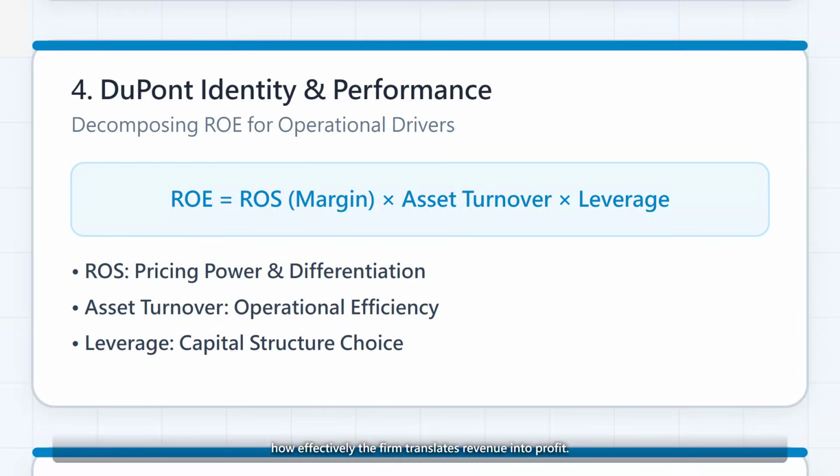Asset turnover measures capital efficiency, how productively the firm utilizes its asset base to generate sales. Financial leverage reflects capital structure choices. By breaking down ROA and ROE into these components, executive leadership can diagnose whether poor returns stem from weak margins, sluggish inventory turnaround, or inefficient capital deployment, allowing targeted strategic interventions.